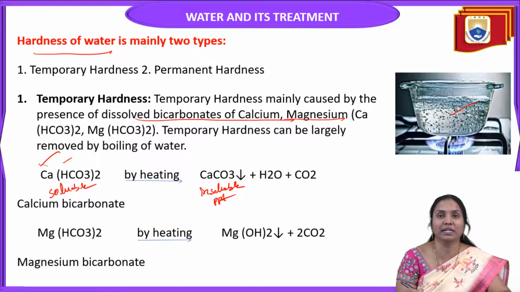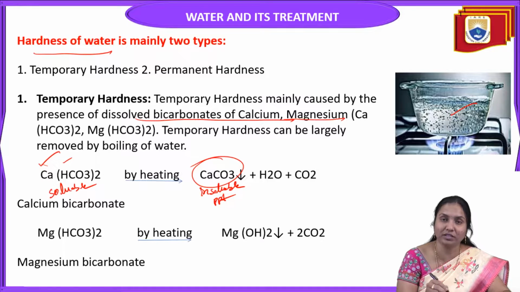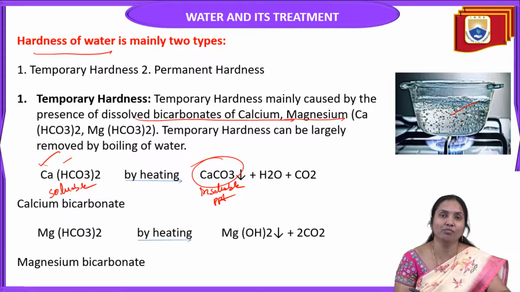White color precipitates of calcium carbonate are formed. So this calcium bicarbonate, during heating, is converted into calcium carbonate precipitate. In this way, temporary hardness can easily be removed by boiling.